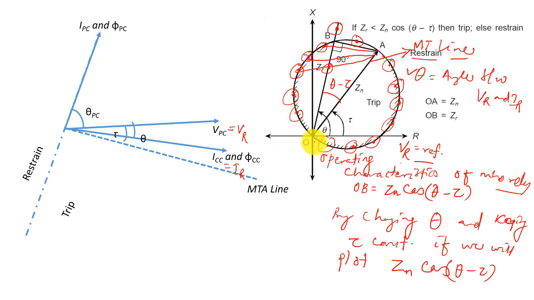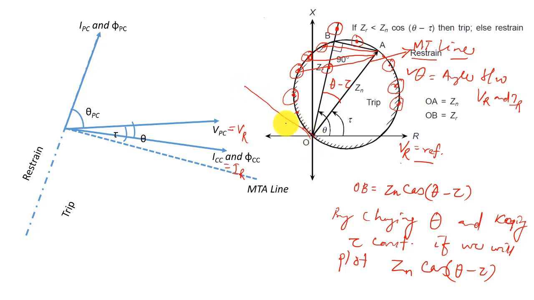Now, perpendicular to that, if I plot a perpendicular line with respect to the MT line, it will be like this, and this is the trip and restraining region.